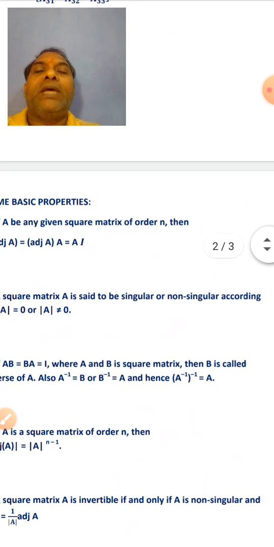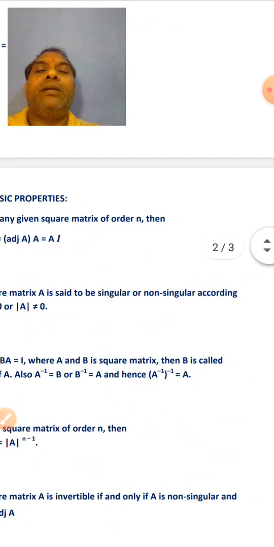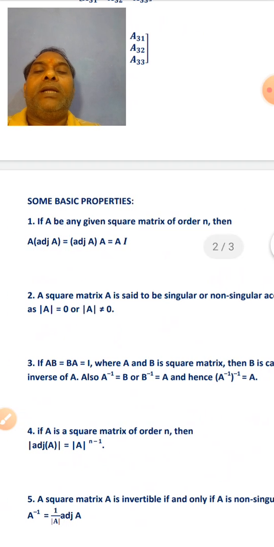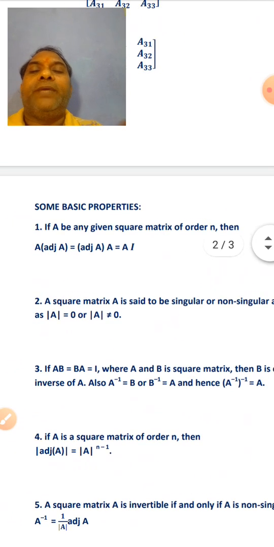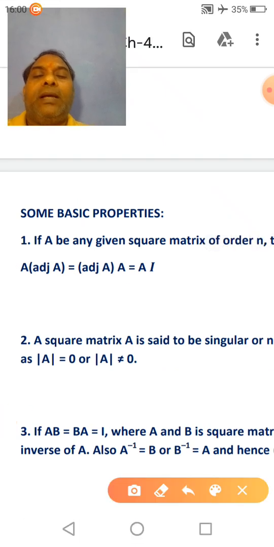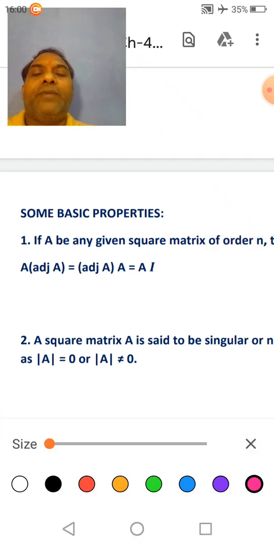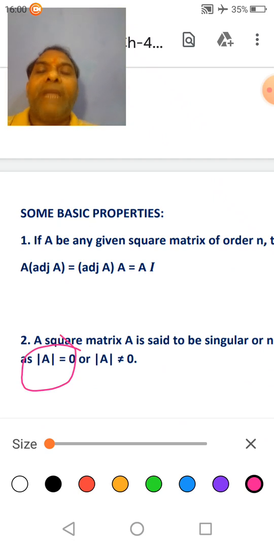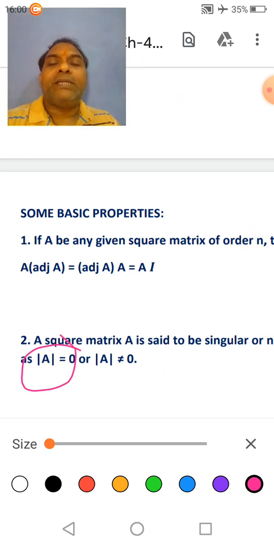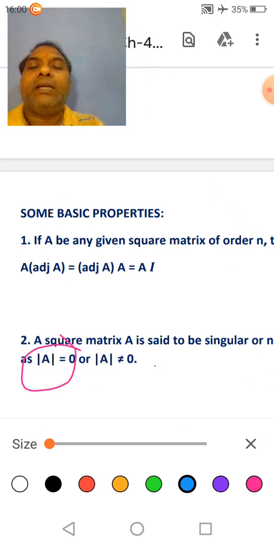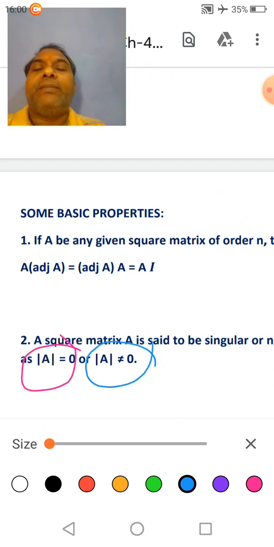Next, a square matrix A is said to be singular or non-singular according as determinant of A is equal to 0 or determinant of A is not equal to 0. It means a matrix will be a singular matrix if its determinant value is equal to 0, and it will be a non-singular matrix if determinant of A is not equal to 0.